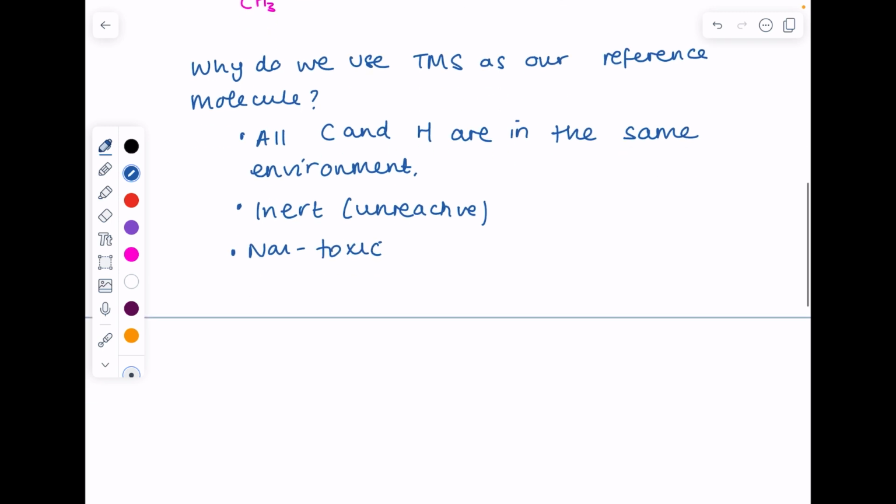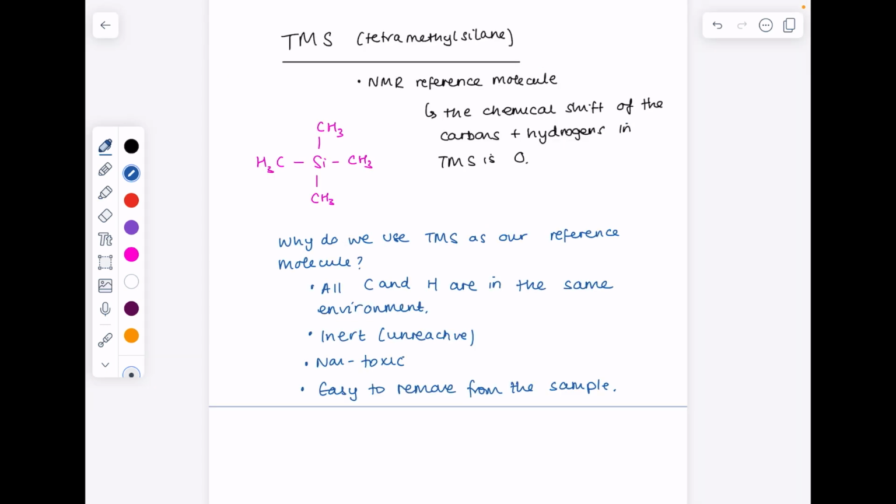And lastly, it's easy to remove from the sample. So TMS is our reference molecule, and all the other compounds we're going to study are going to show a variety of chemical shift, which we'll compare against TMS, which by definition has 0 chemical shift. And these are the reasons here why we use TMS as our reference molecule.